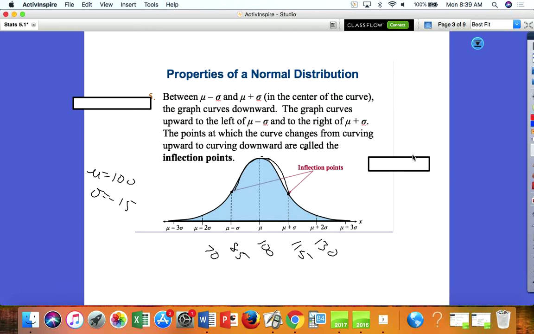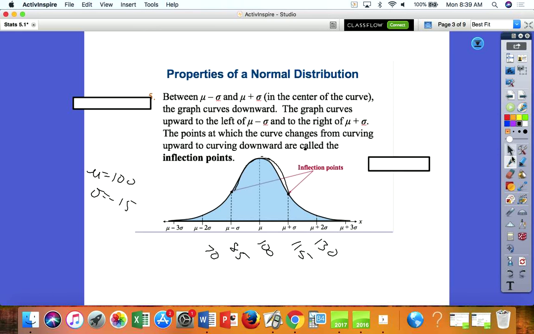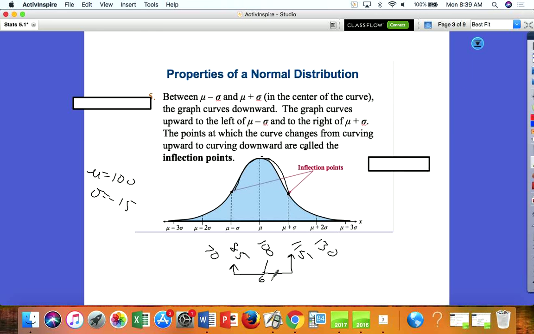Okay? And what percent of the data is within that range? 68. Right. And 2 standard deviations? 34. Well, it'd be 34 from here to here. Oh, wait, 95. 95, right.